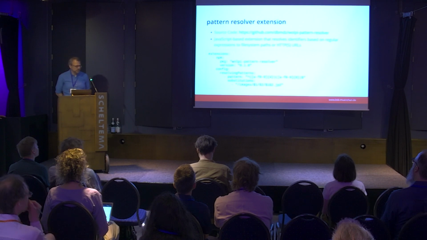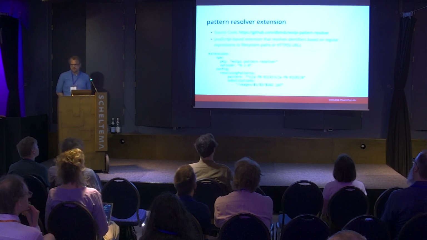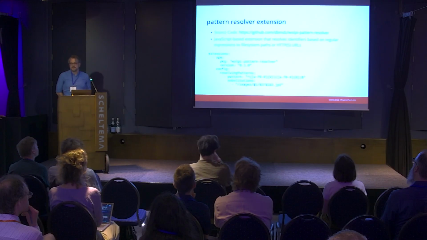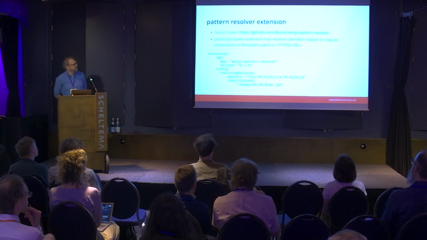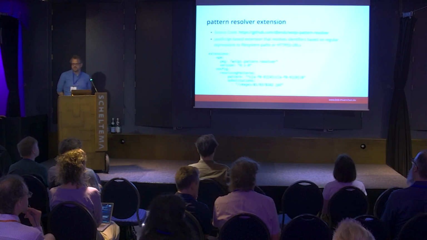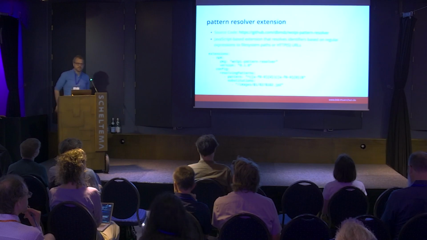And you pass it a config of resolving patterns, which is basically just regular expressions with capture groups that you can then map onto file system paths or HTTP URLs, which Wolpi will then use as the source for the images. And I think this is an extension that maybe solves a lot of use cases for resolving. If you have an identifier that can be directly mapped without any external lookups to a service, this is probably a good choice that you could take a look at.